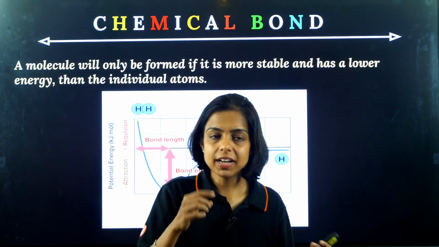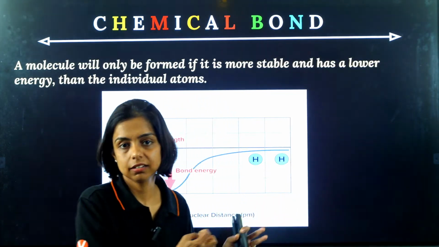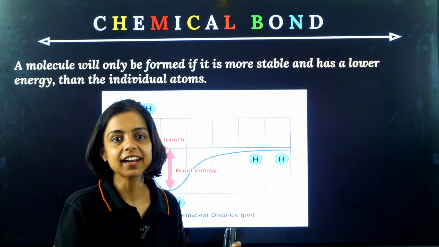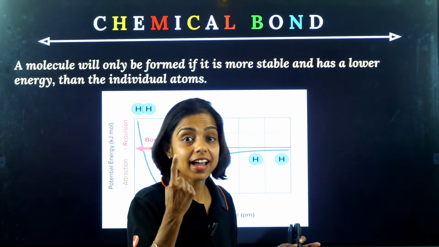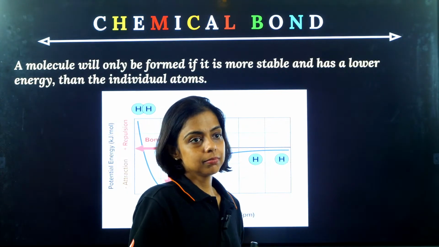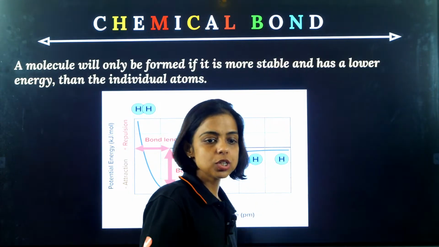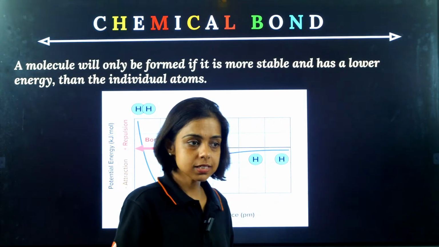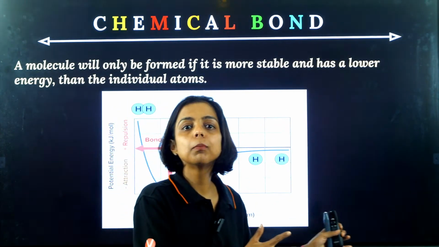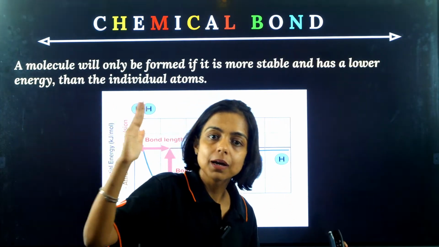So when an atom is making a bond, that means it is attracting the other atom. There is attraction, and if there is attraction, there is more stability. If there is more stability, there will be a decrease in energy. That means if an atom is forming a bond, its energy is decreasing, it is becoming more stable.